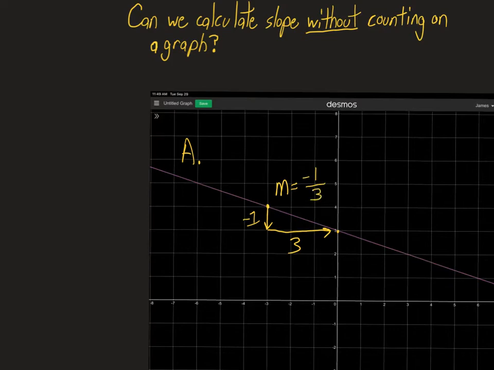The question is, can we get to this answer, discover this slope, if there wasn't a graph in front of us? Let's try it. We've got 2 points. This point right here is at negative 3, 4.